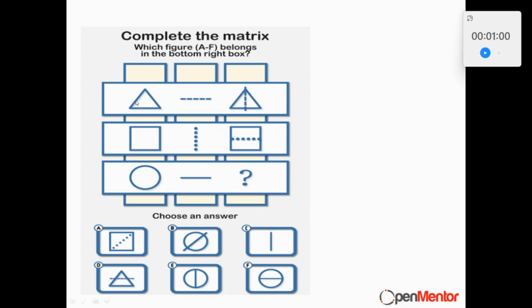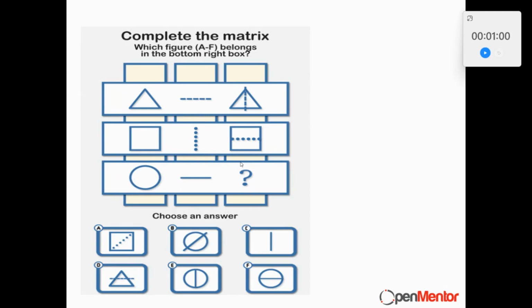For example, you have a triangle here, a rectangle here, a circle here, and you have some dotted lines, again a dotted line, and a plain line. They have used these two patterns to form this. We have to identify what will come here.